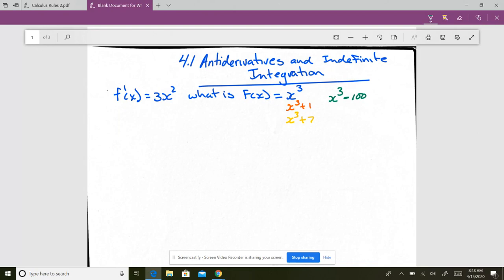Because when you take the derivative, all of these constants go to 0. So all those functions give us this.